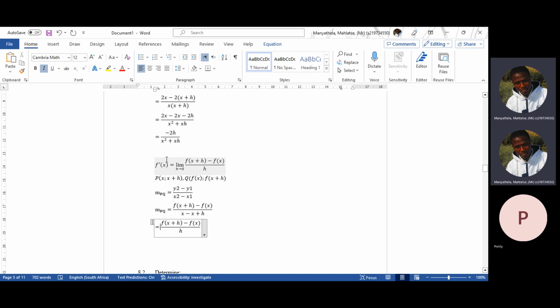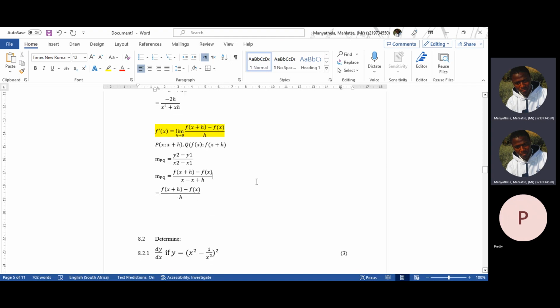In this formula, it's always there on your information sheet, on the last page of your question paper. So always remember that when they say determine f prime of x from first principles, they want you to use the formula. Okay, fine, we can continue.